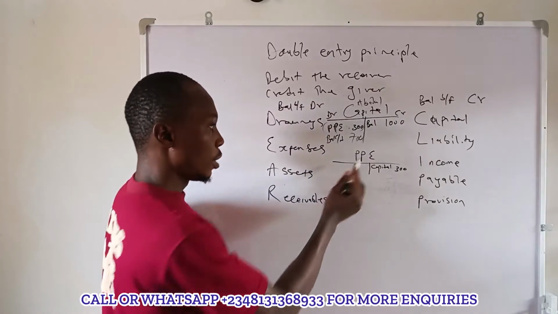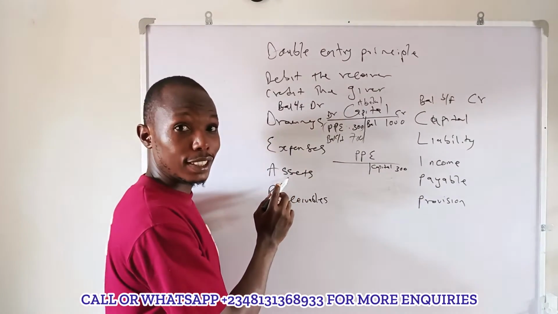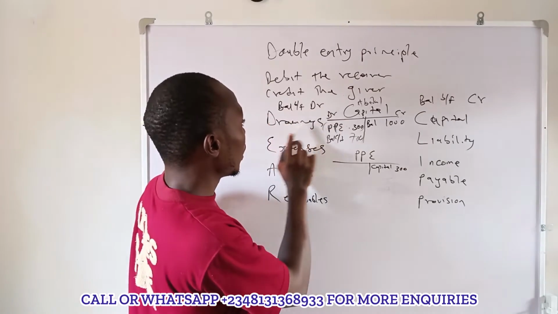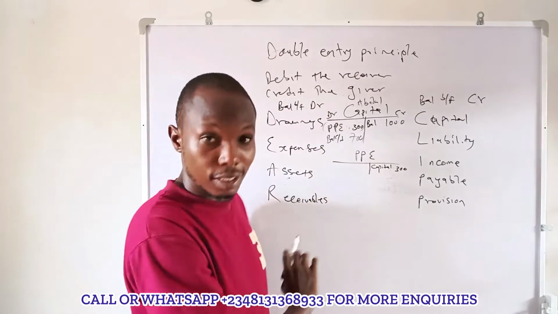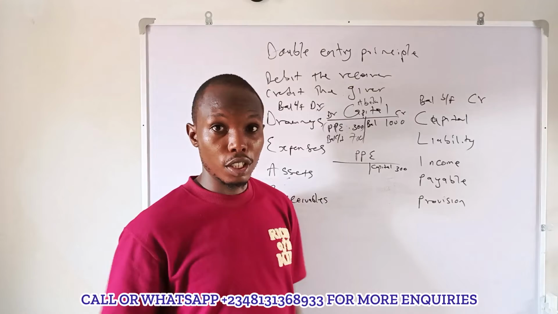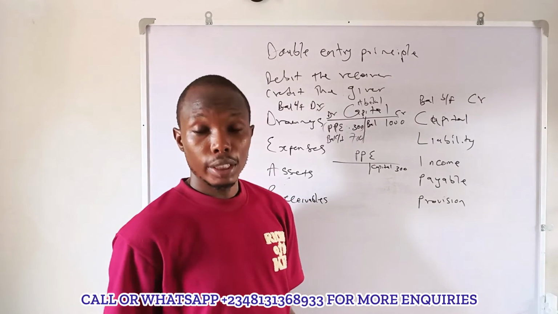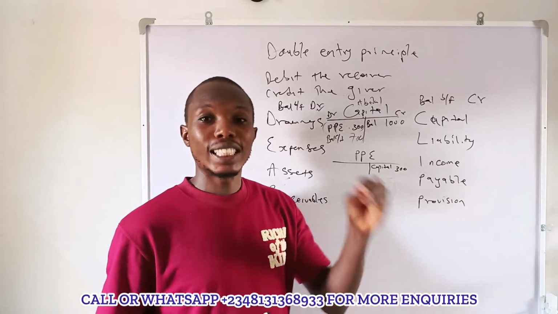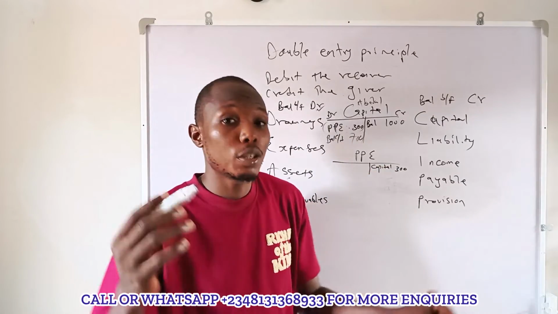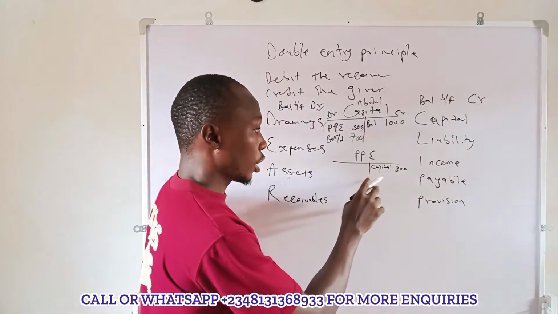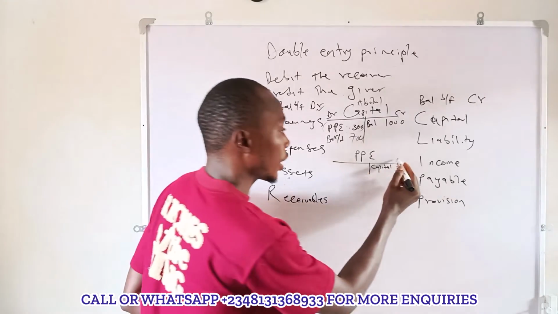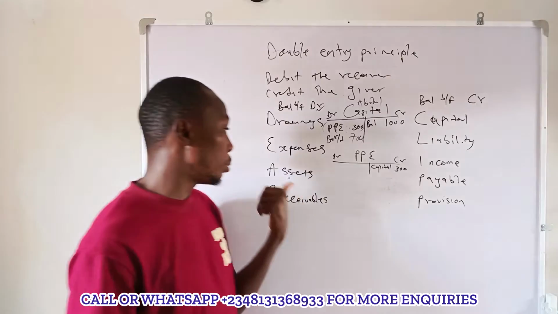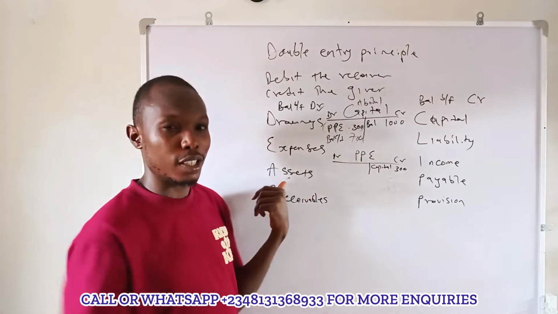Remember I said PPE is an asset, so an asset has debit balances. The debit side is favorable; it increases it. But the credit side is unfavorable; it reduces the value. So that is why the transaction is going to the credit side of the PPE, which is unfavorable to the PPE being an asset, a debit balance account.